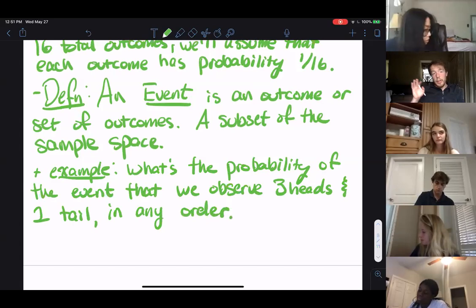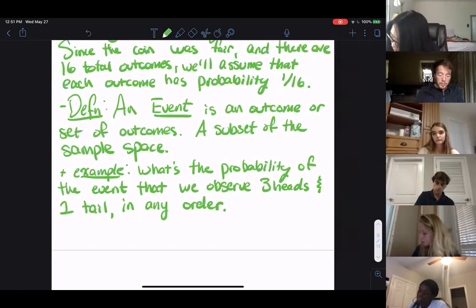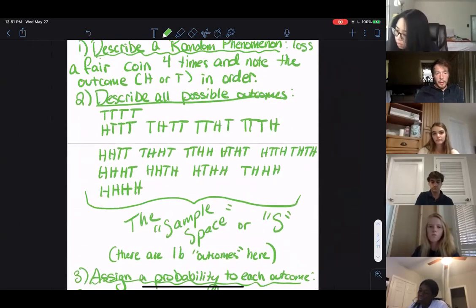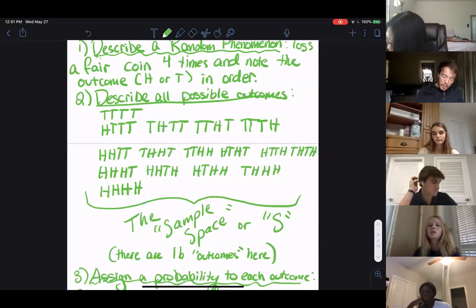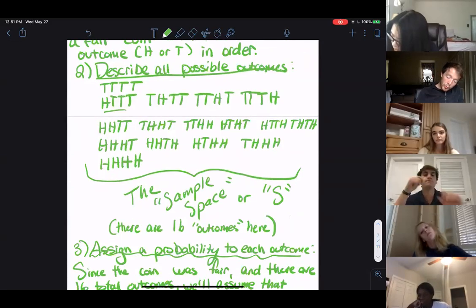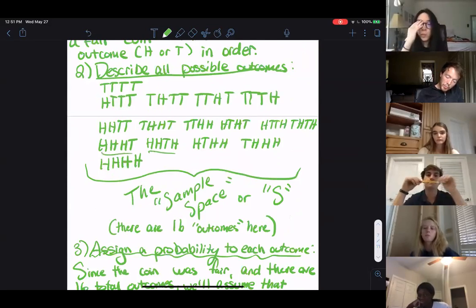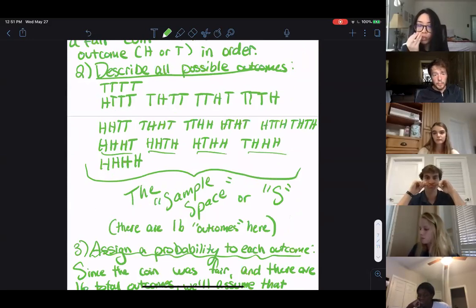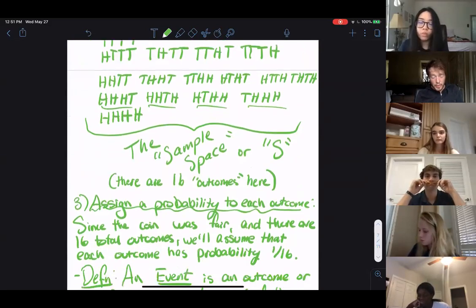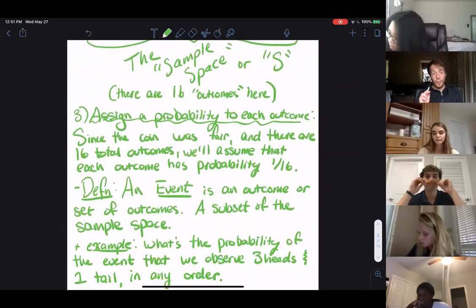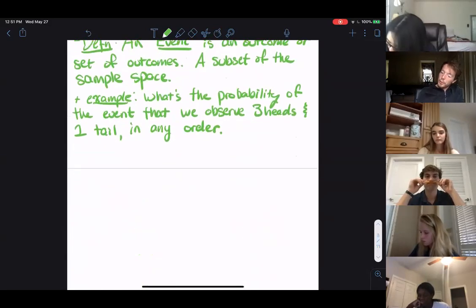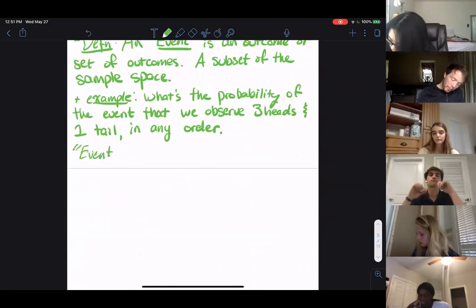So note, three heads and one tail, that is not a singular value in our probability distribution. In fact, that is a group of values. That's these four right here. We aren't referring to a single outcome. We are in fact referring to a whole set of outcomes. We're referring to an event. So in this case, our event, I'm going to call it event A, or the shorthand, sometimes we just give it a variable.